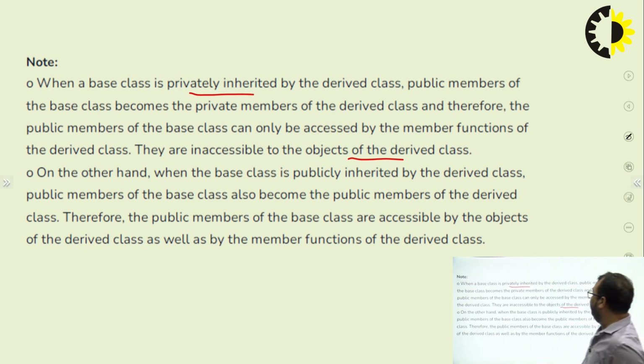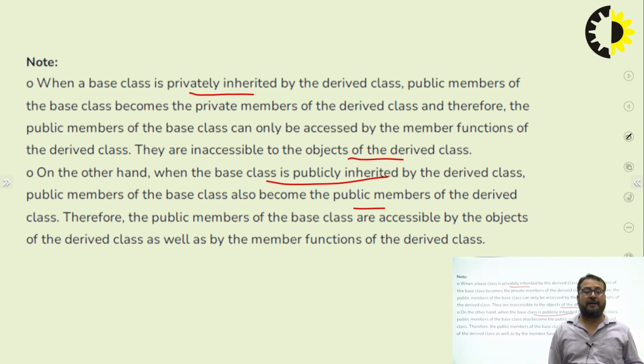On the other hand, when the base class is publicly inherited, the public members of the base class also become public members of the derived class. Therefore they are accessible by the object of the derived class as well as by its member functions.